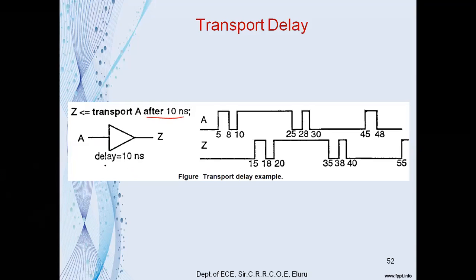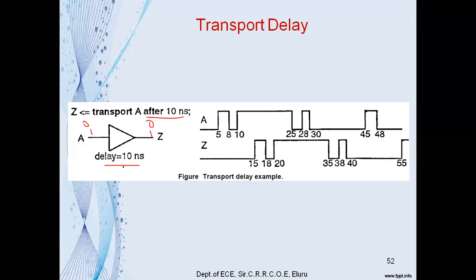And so now what is the delay of the circuit from this diagram? 10 nanoseconds. And what is the type of circuit it is? It is a non-inverting buffer. So if you apply 0, the output is 0. If you give 1, the output is 1. But the input and outputs are produced with a delay of 10 nanoseconds. This is the ideal one.